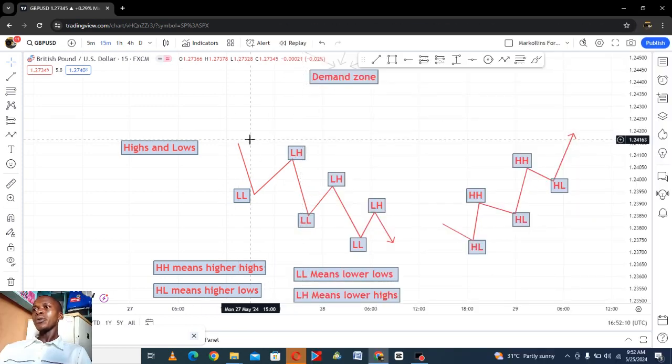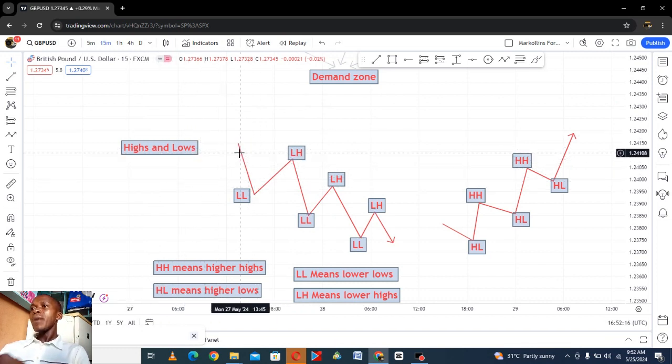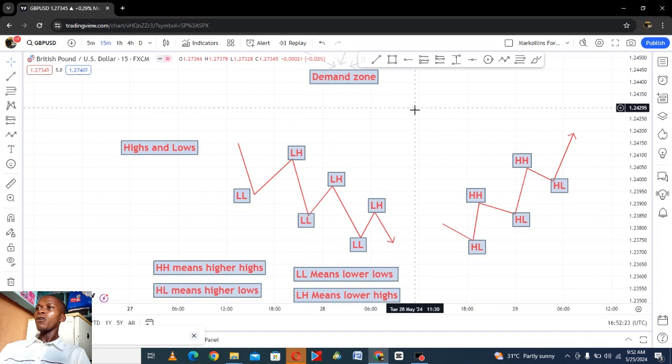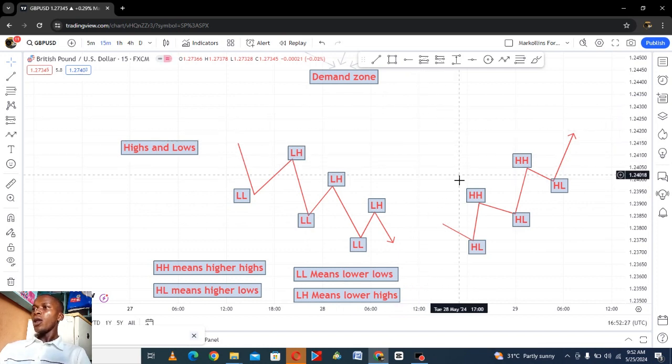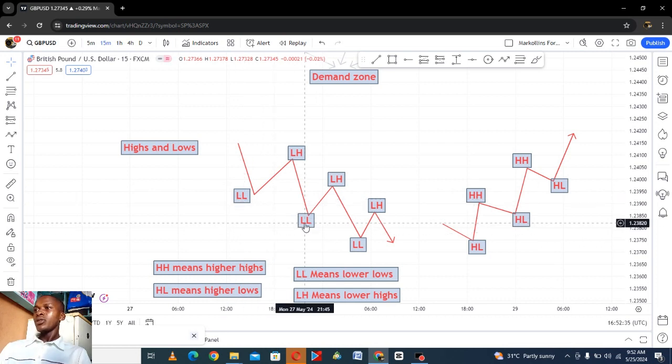So that's why we're going to be talking about highs and lows. When the market is trending down, the market doesn't just move down straight. It moves in lower low, lower high, lower low, lower high. What do you mean by lower low?